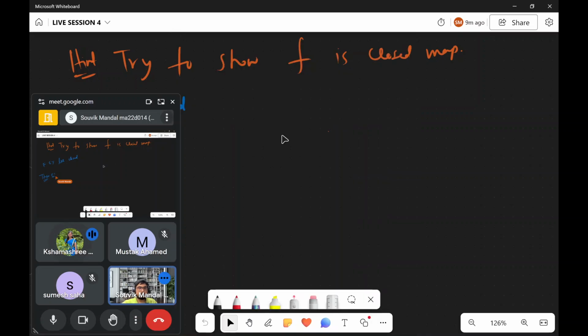Then capital F is compact in X, which implies f of F is compact in Y also.